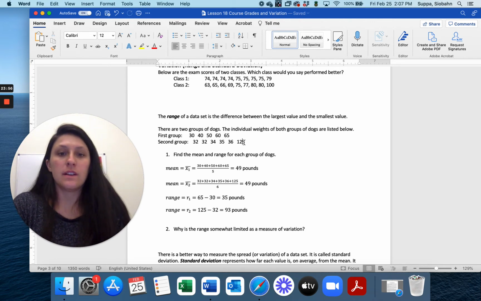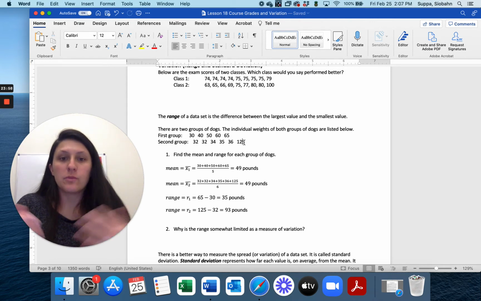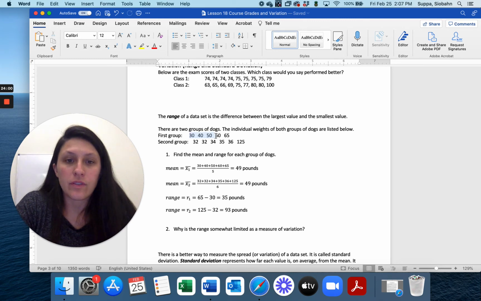In other words, if you were going to walk this group of dogs, I would imagine that the first group, these 5 dogs, are probably very different. You might have a Labrador, and then a Husky, maybe a Poodle. These are rough weights, so the names I'm giving are probably not appropriate for how much dogs really weigh.